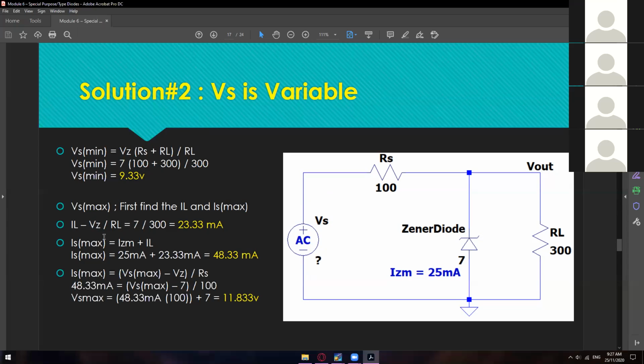IL minus VZ divided by RL, no, so correction again, not minus. This one should be equal. IL is equal to VZ divided by RL. So many corrections.